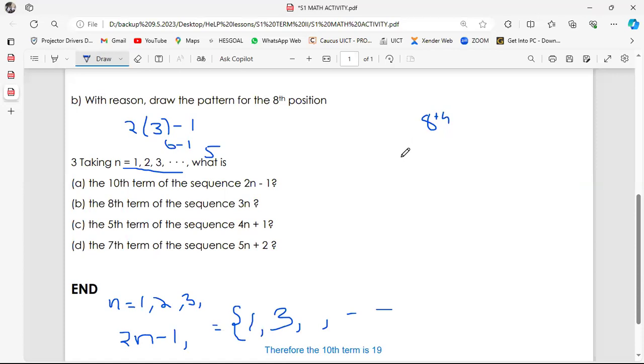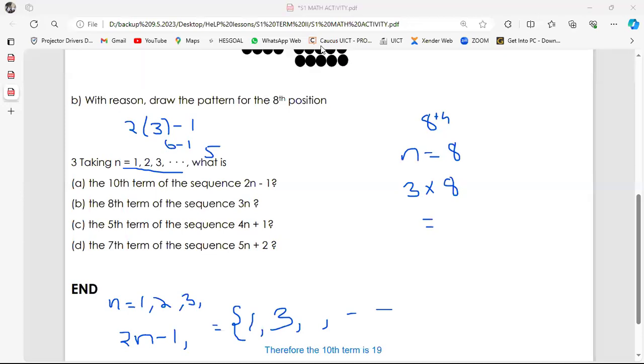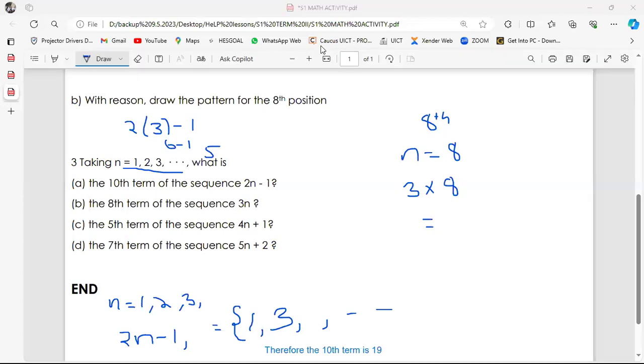So when they say 8th term, it means n is equal to 8 because it is the 8th term. So for part B, you get 3 times 8, which is the 8th term. And 3 times 8, what is that answer? 3 times 8, who can tell us that answer?